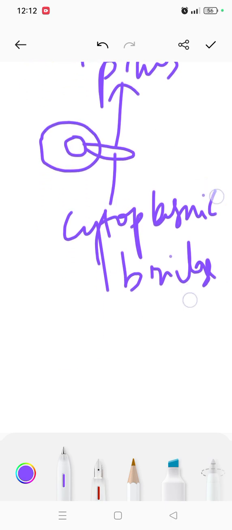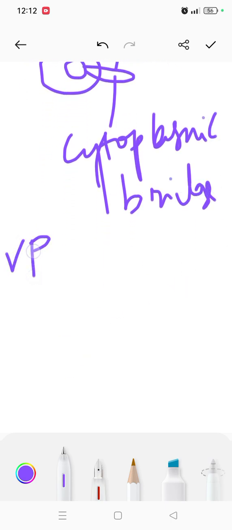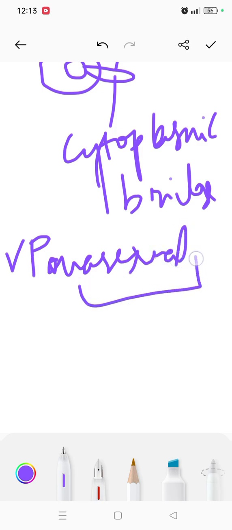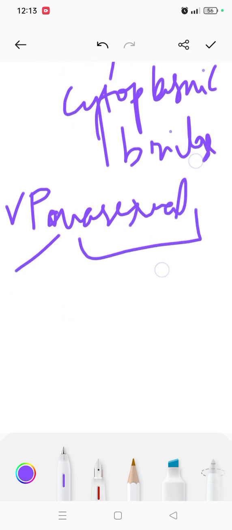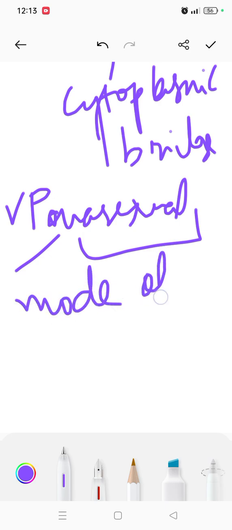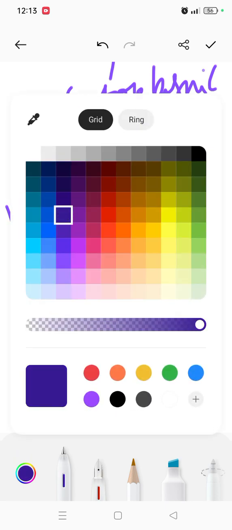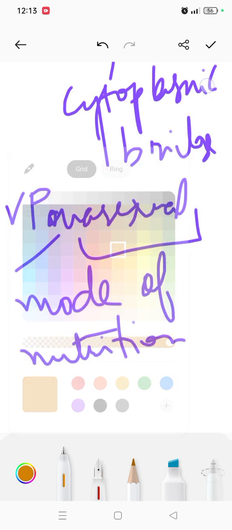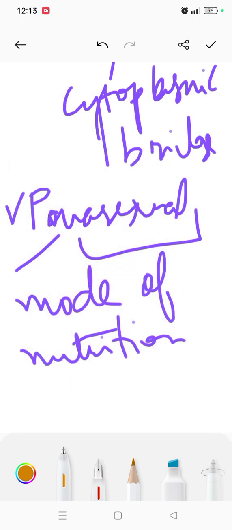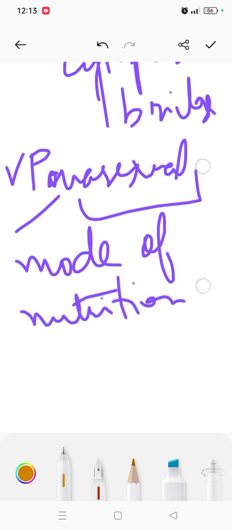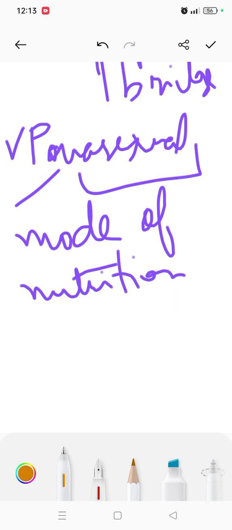And you will see that they have the parasexual mode of nutrition. This means they're not completely sexual, parasexual, like half sexual. In bacterial conjugation, the process is only the transfer of the genome.